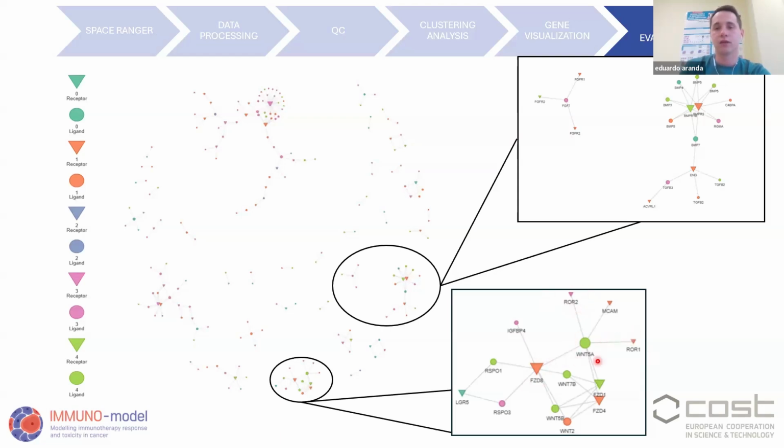We can see this pathway, where the ligand from cluster 4 communicates with the receptor in cluster 1 and the receptor in cluster 3. This is an example of a pathway that is related to cell migration and inflammation.